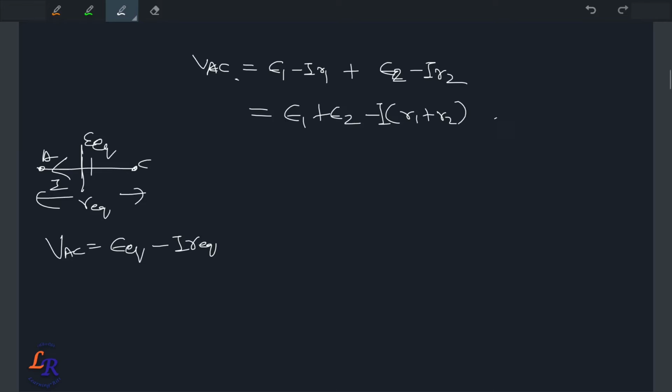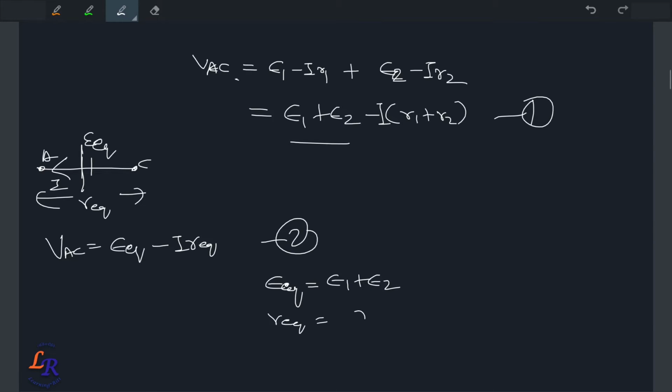So if you compare this equation and this equation, then you will get that epsilon equivalent is equal to epsilon 1 plus epsilon 2, that is EMF 1 plus EMF 2, and R equivalent would be R1 plus R2.